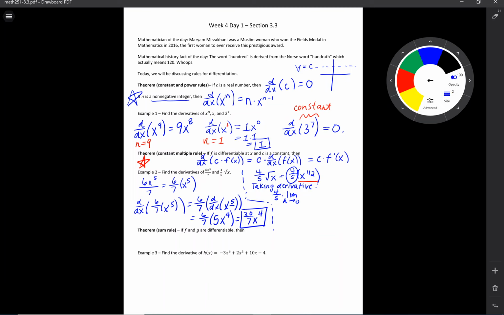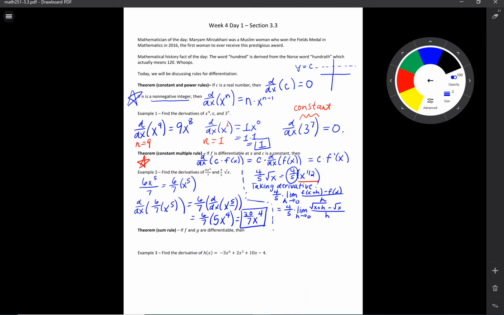Remember, my definition is f of x plus h minus f of x over h. My f of x is square root of x. So this is 4/5 times the limit as h goes to 0 of square root of x plus h, if I replace my x with an x plus h, minus square root of x, all of this over h.